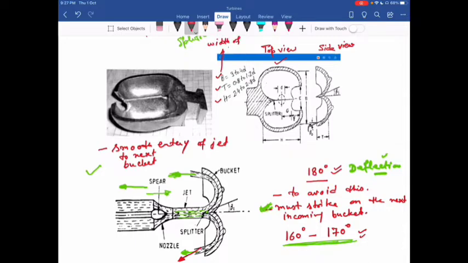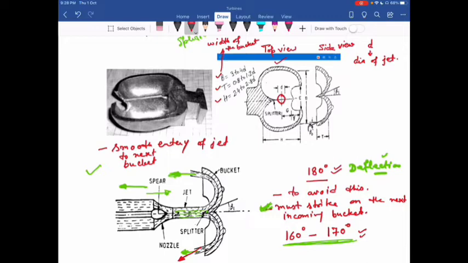All these dimensions B, T, H depend on one dimension, that is D. This D is the diameter of the jet, which is striking at the splitter over here. This is small d. So all dimensions B, T and H depend on this diameter d.